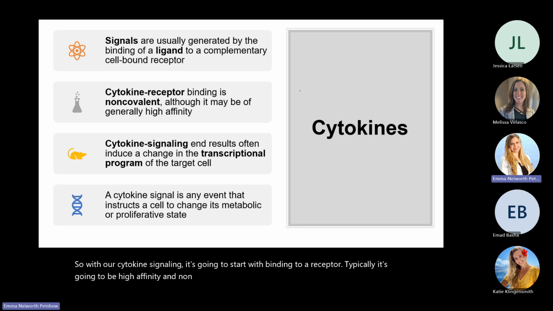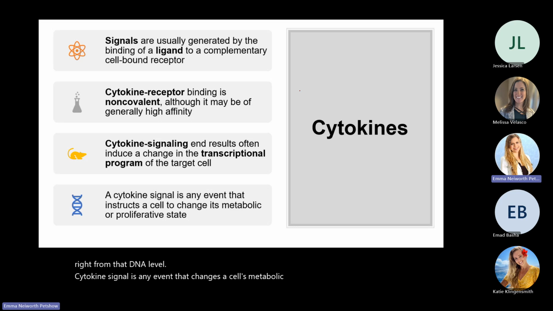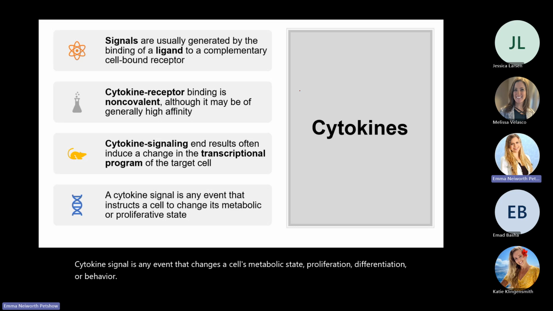Most cytokine receptors are going to trigger some type of downstream signaling effect that results in changes in transcription. Meaning that cytokines are essentially commands that are reprogramming cells, right, from that DNA level. Cytokine signal is any event that changes a cell's metabolic state, proliferation, differentiation, or behavior. So cytokines don't just turn on cells, they have really broad shaping effects.